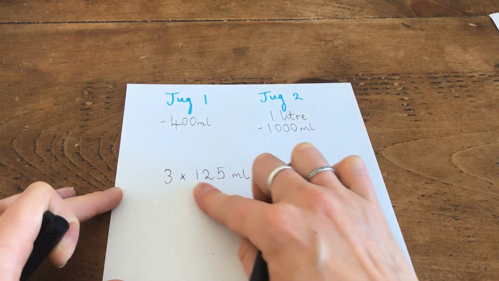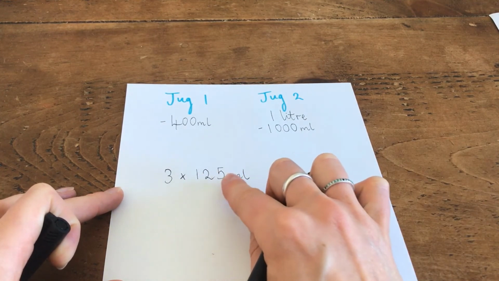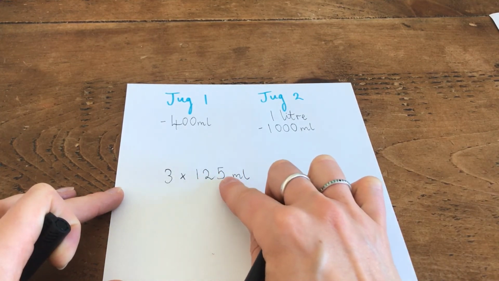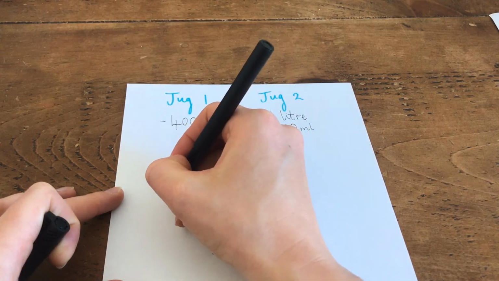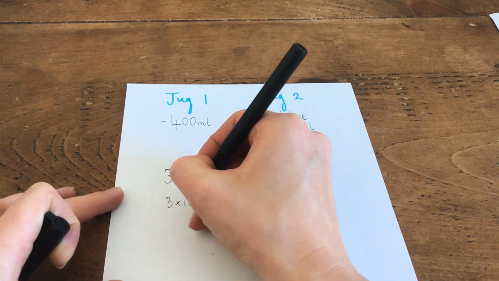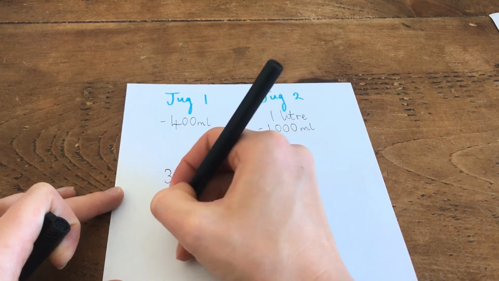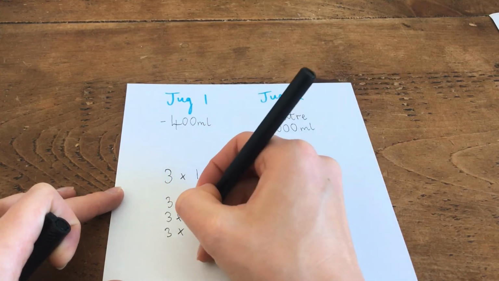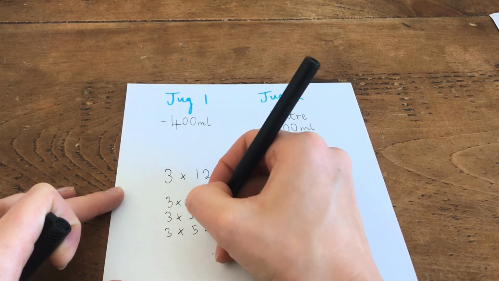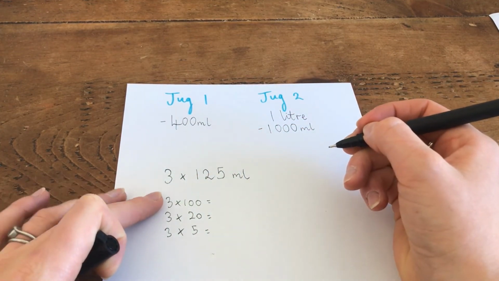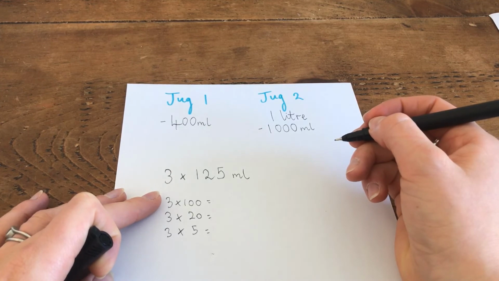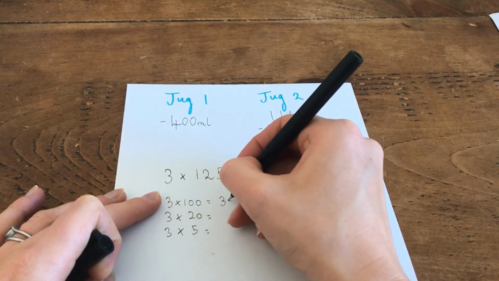Okay, so to work this one out, remember we can partition this bigger number. So we can do 3 times 100, 3 times 20, and 3 times 5. And then we'll add them up. So what's 3 lots of 100? 300.